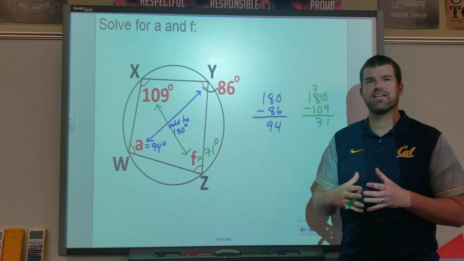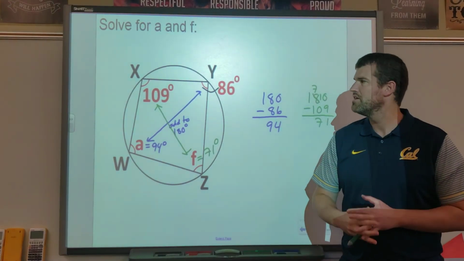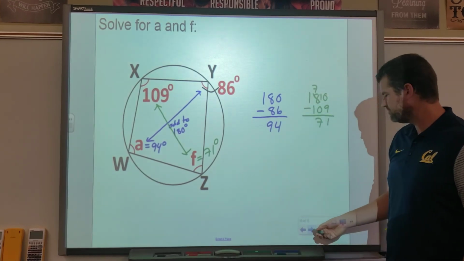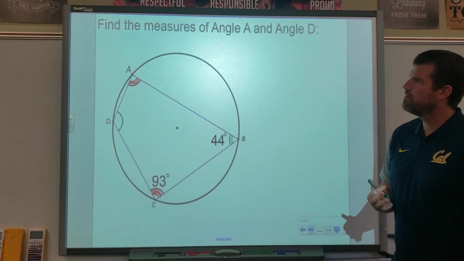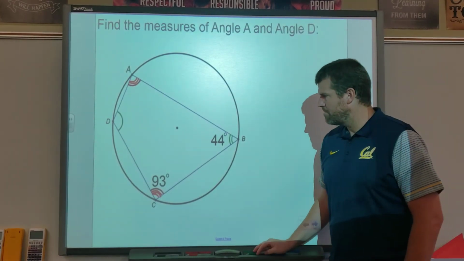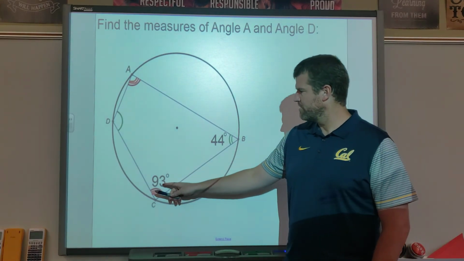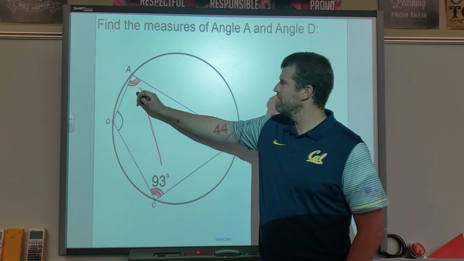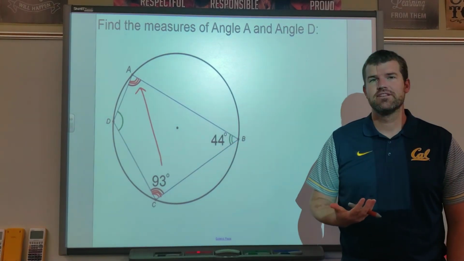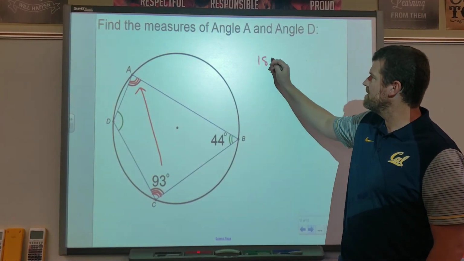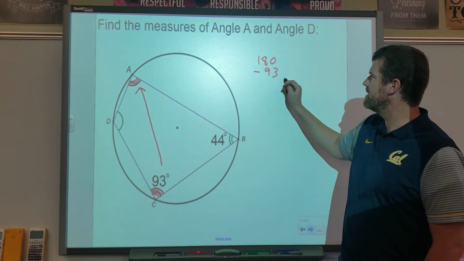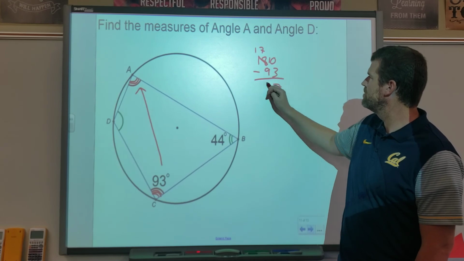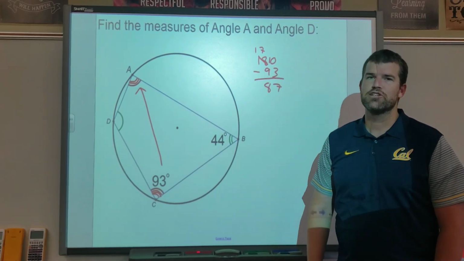So again, when you have that inscribed quadrilateral, the opposite angles are supplementary. All right, one more of these. We know that this angle is 93 degrees. So if that's the case, what's the measure of angle A? That's right, 180 minus 93, 87 degrees.